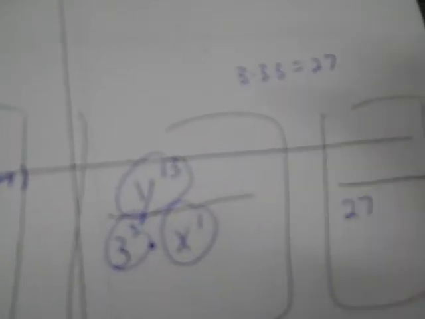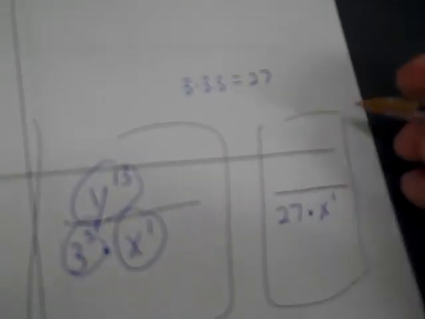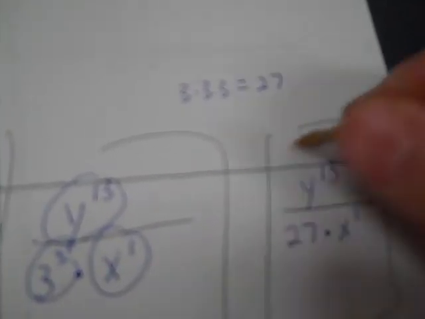The opposite of top's bottom, and the -1 turns into a 1. So we have these 3 factors. The only one I can really clone is 3 to the 3rd. 3 times 3 times 3 is 27. So I replace that 3 to the 3rd factor with 27 on bottom, times x to the 1, and then y to the 13th on top.